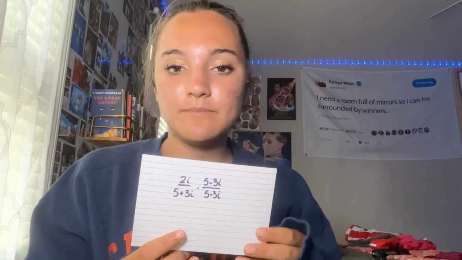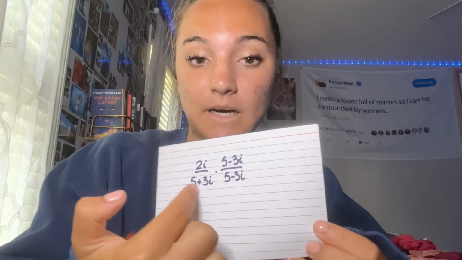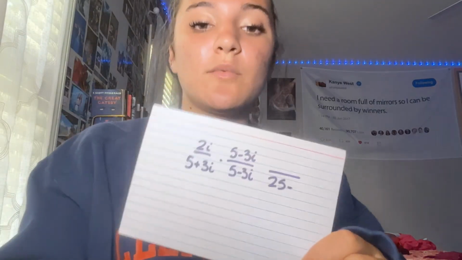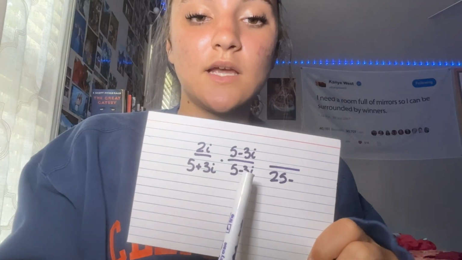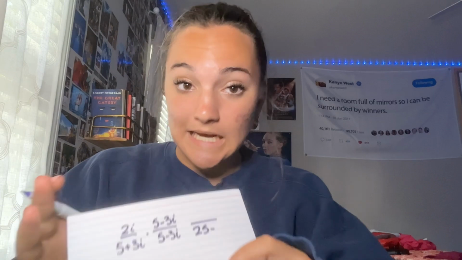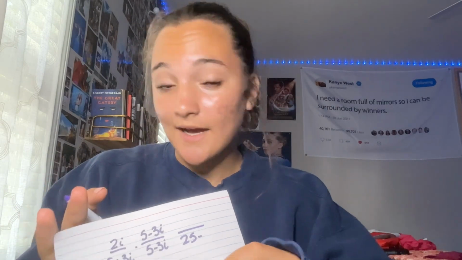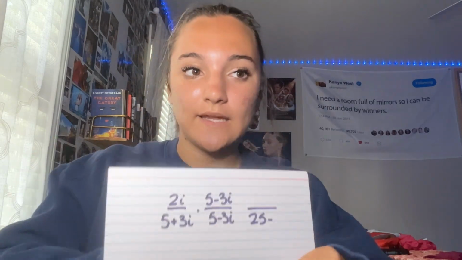I don't really know why it has to be the opposite sign, but when you do this, you multiply them out. You could just multiply like terms together. So in the denominator, if you're multiplying 3i times negative 3i, that is negative 9i squared, and i squared is negative 1. So you actually add 9.